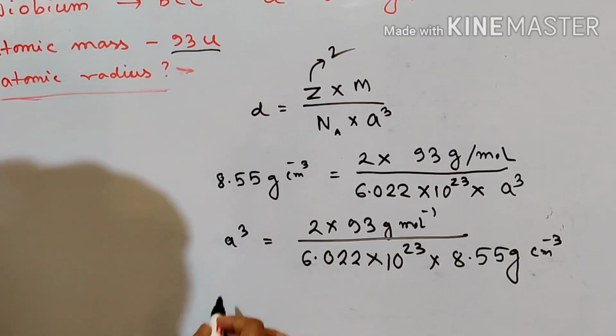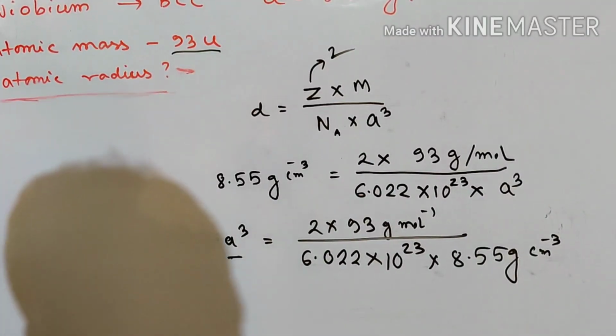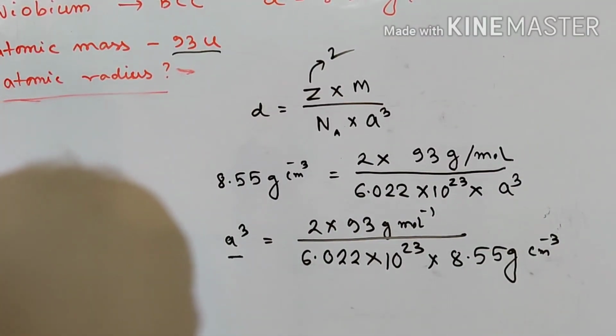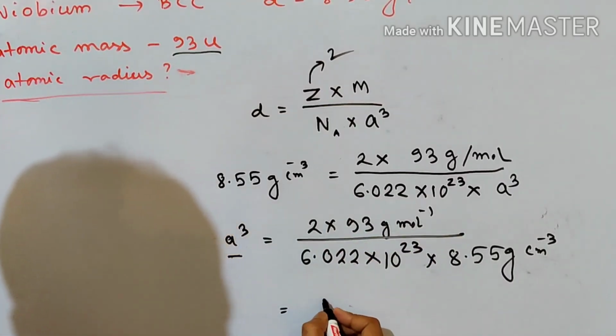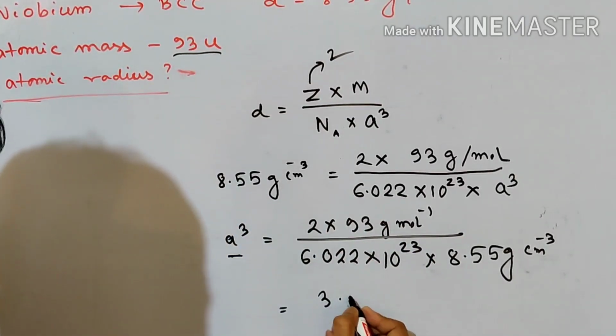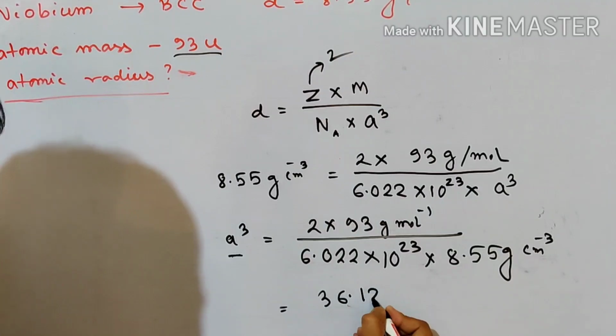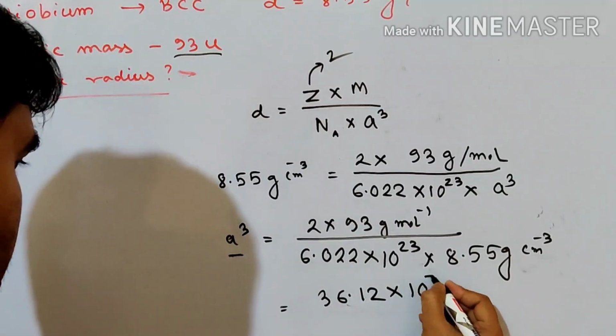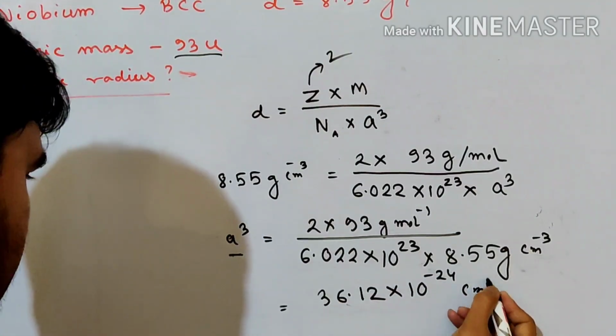We have to calculate the value of A from here. The value of A cube, we are getting near about 36.12 into 10 to the power minus 24 centimeter cube.